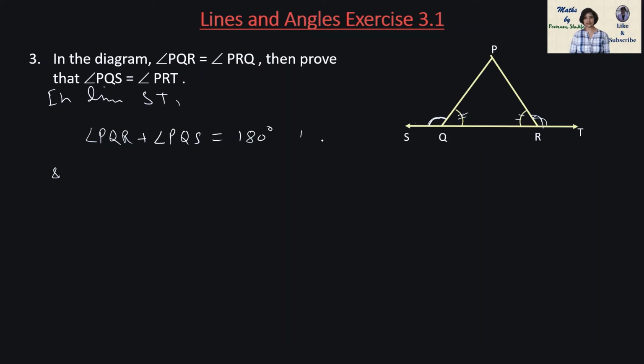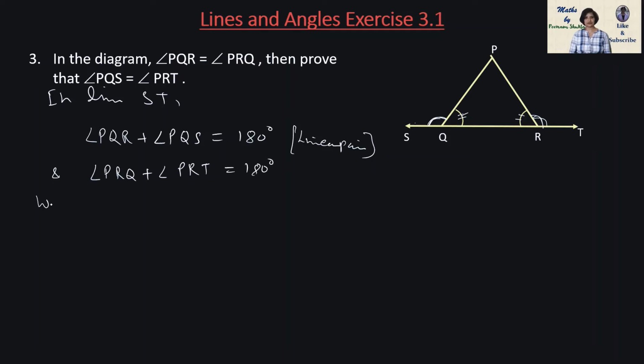Here you can write linear pair, right? And these are also linear pair of angles. So you can write in there angle PRQ plus angle PRT equals 180 degree.